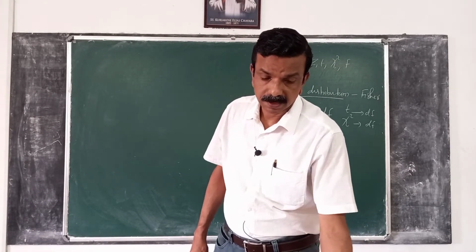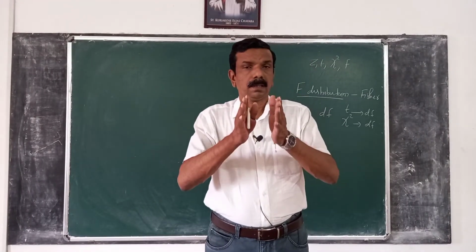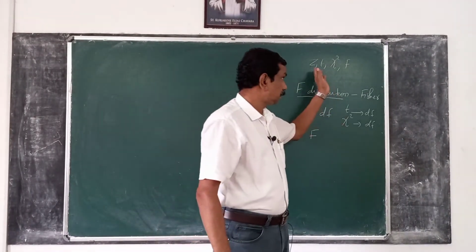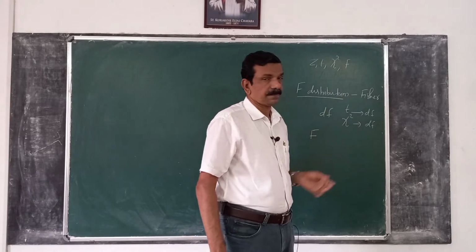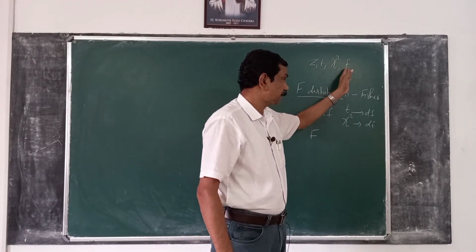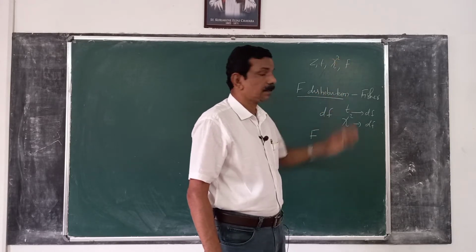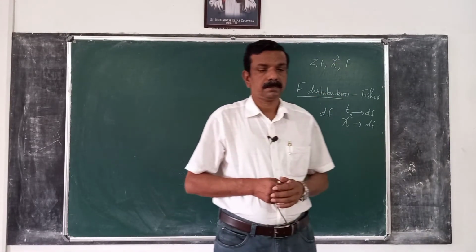In a subsequent class, we will discuss the interrelationship between Z, T, chi-square and F, and we will show that the degrees of freedom of F is derived from the degrees of freedom of chi-square.